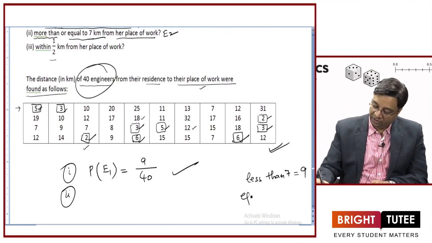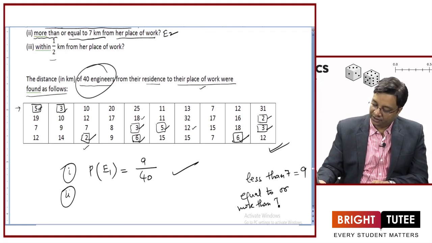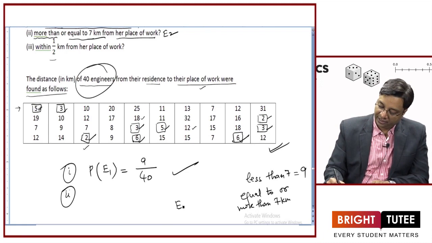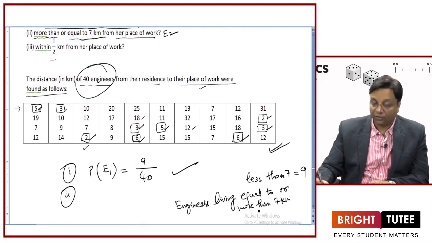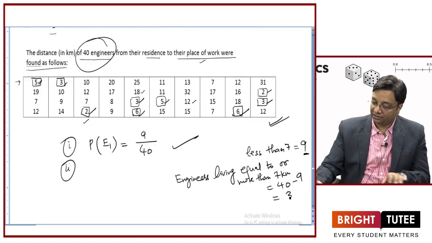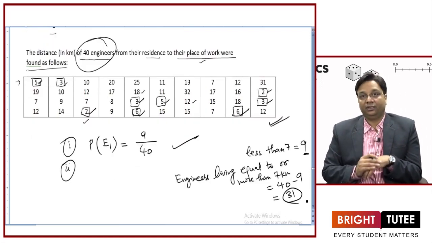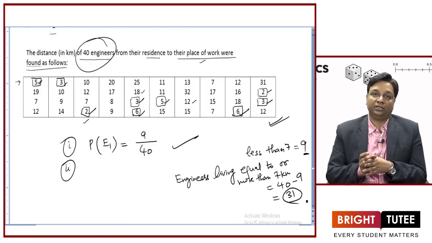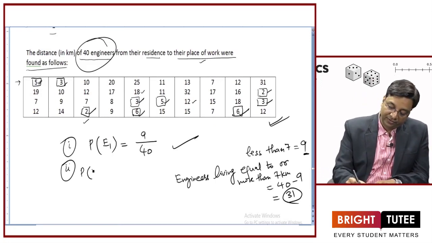So, engineers living equal to or more than 7 kilometers from their place of work is equal to, these 9 have to be subtracted from the total 40. So, 40 minus 9, that is 31. 31 engineers live more than or equal to 7 kilometers from their place of work. So, the probability of event 2 is equal to 31 by 40.